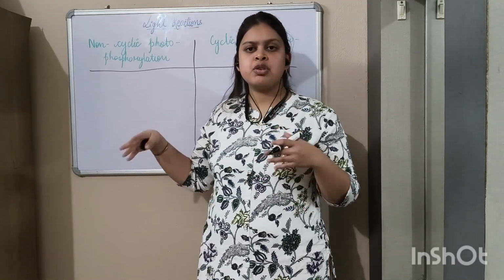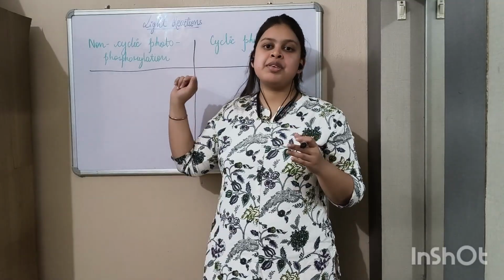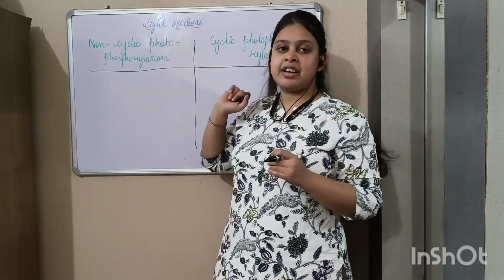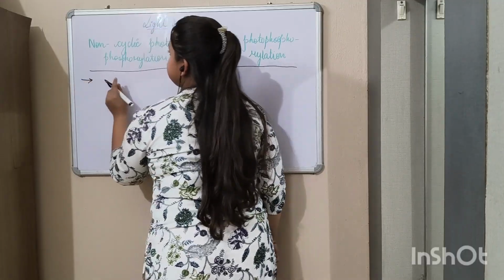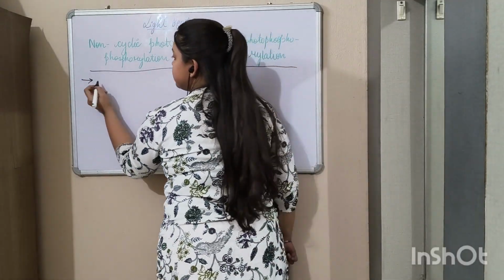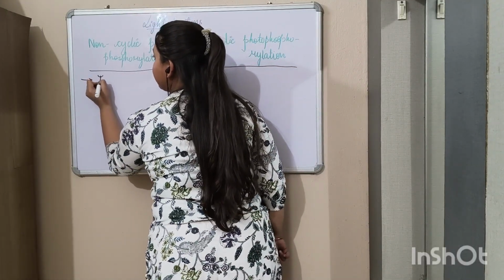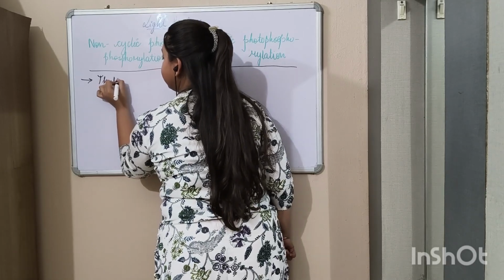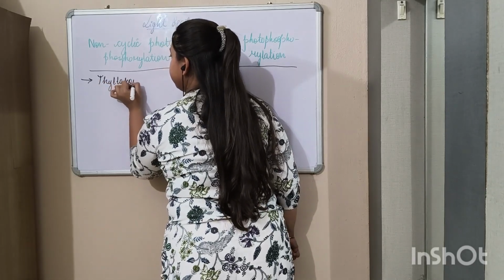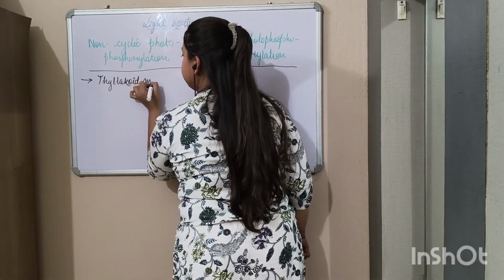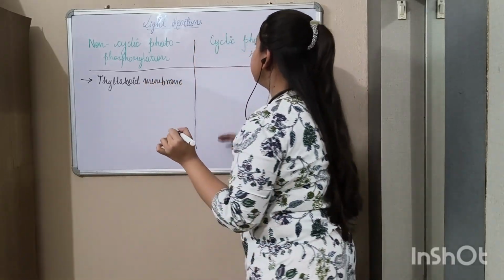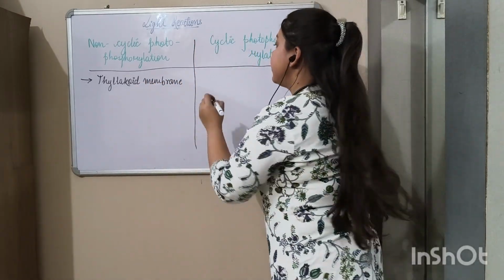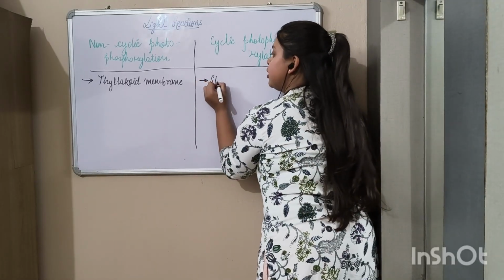Now, let us recapitulate the basic differences between the non-cyclic and the cyclic photophosphorylation. The first difference is the site where it takes place. Non-cyclic photophosphorylation takes place in the thylakoid membrane. And the cyclic photophosphorylation takes place in the stroma lamellae.